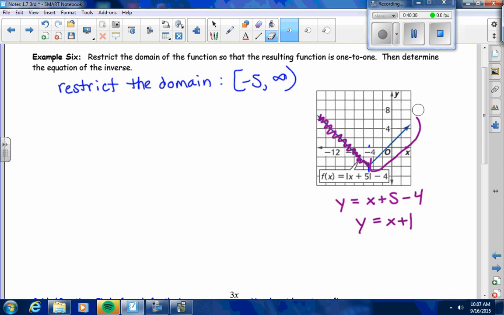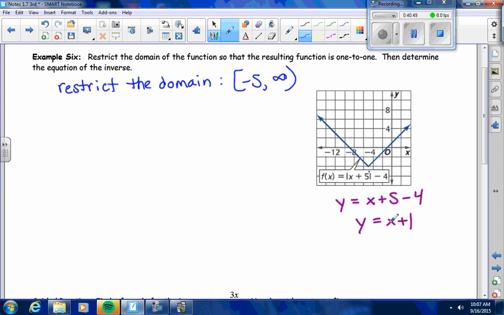Now, for a second, I'm going to erase all of that so that we can clearly see this graph. Does this line look like it's the line x plus 1? Yes, it has a y-intercept at 1 and a slope of 1, up 1 over 1, up 1 over 1.